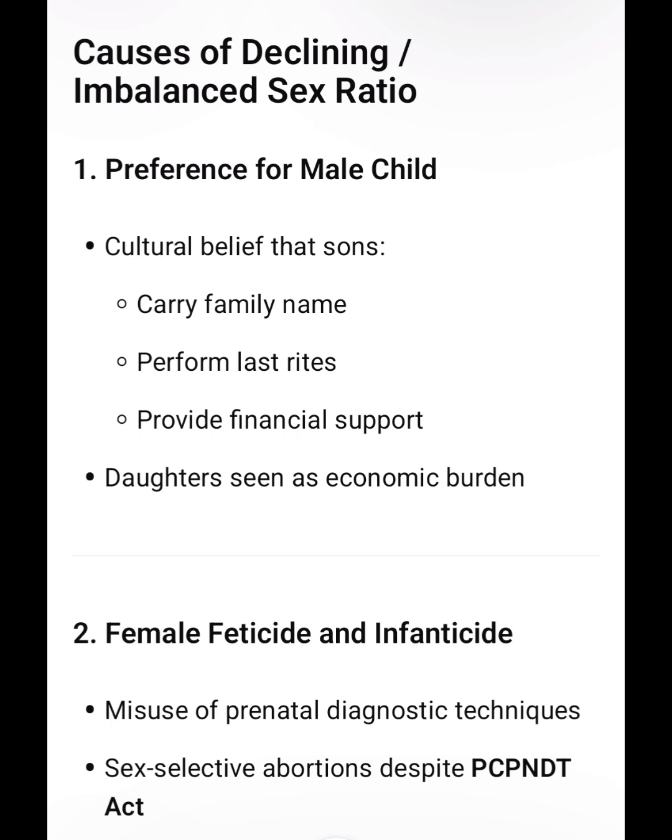They do an ultrasound, identify the female baby and abort. This is sex selective abortion despite the PCPNDT Act. According to that act, the doctor should not tell the sex and they should not abort. That is a very important act.